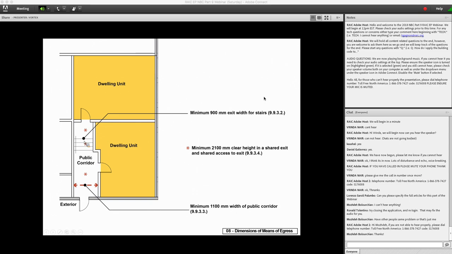The exit stair will be required to be not less than 900 millimeters wide, and your corridor portion of the exit would be required to be not less than 1100 millimeters wide. And then on top of that, you have these access to exits being connected to an exterior exit doorway that enables occupants to safely evacuate the floor area in the event of a fire.